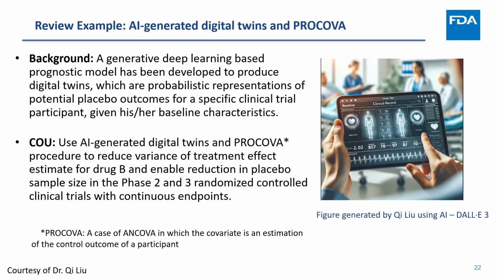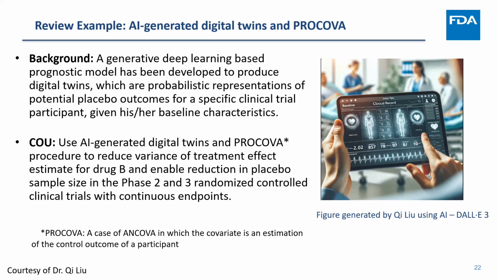So one of the sponsors wants to use covariate adjustment, but the way they choose the features is a little bit different from our convention. Our convention is we pre-specify certain variables, right? But now the sponsor says, okay, we don't want to do feature selection. We just want to build an end-to-end model.